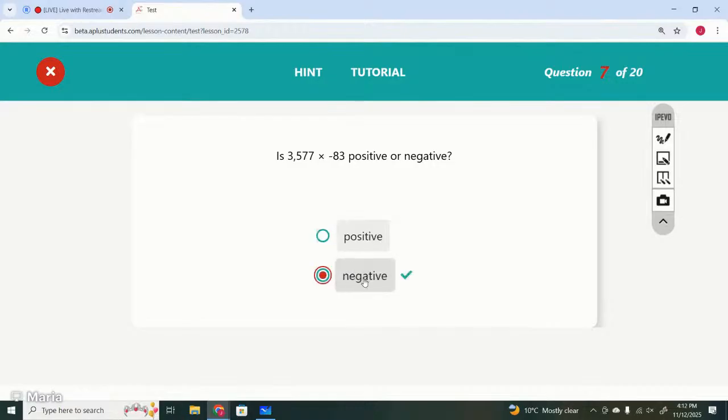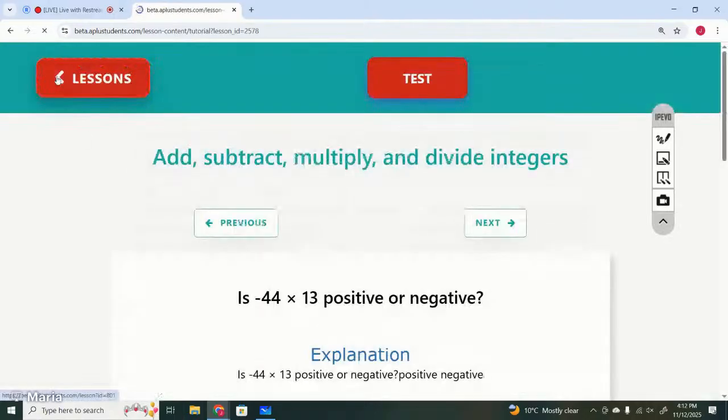One of the numbers is negative, so the answer is negative. Okay, you can complete the lesson by yourself later today. Let me move on to the next lesson.